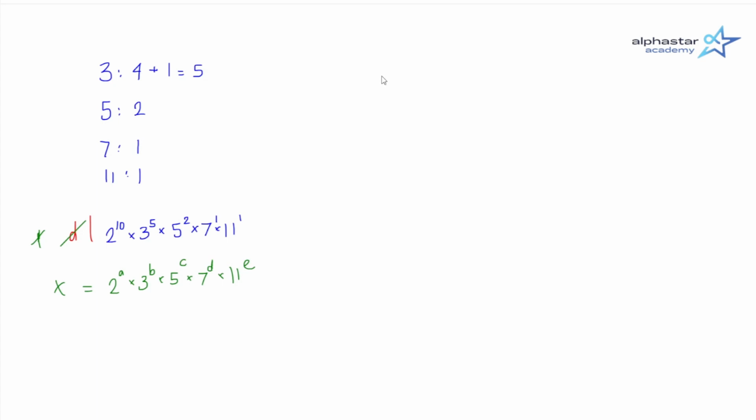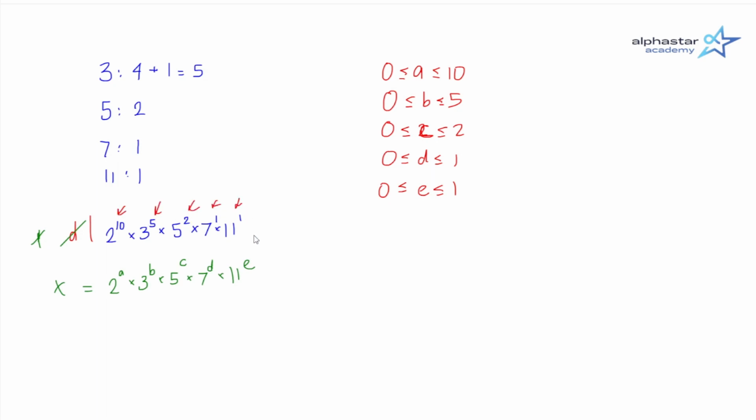That means that a has to be chosen between 0 and 10, b between 0 and 5, c between 0 and 2, and so on. Each of these 5 exponents can be at most the exponent in the big number, 12 factorial. So we need these to be true, and a, b, c, d, and e are even.